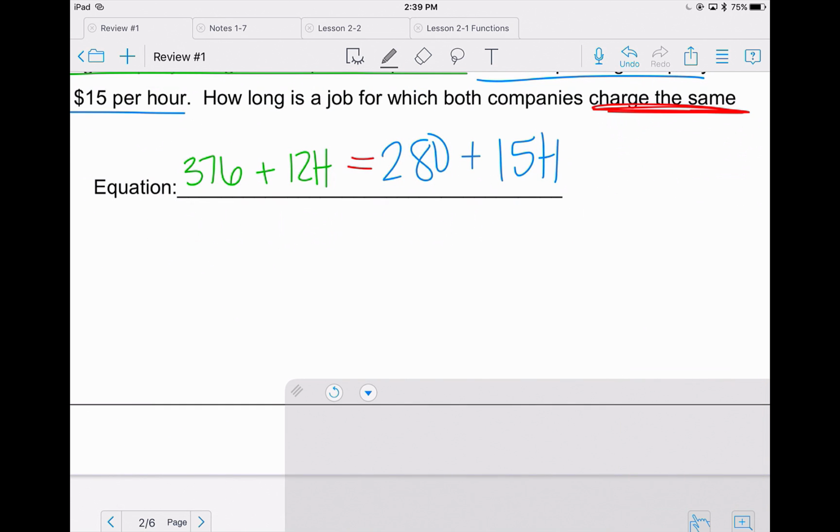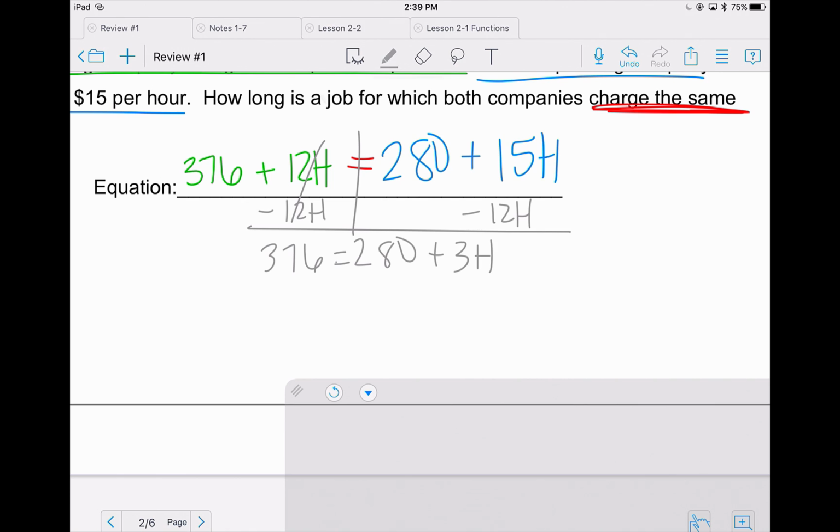Remember, the fact that they are asking us when they will be the same is why we set them equal, because same and equal are the same. From here, I subtract 12H from both sides because 12 is smaller than 15. 376 equals 280 plus 3H.